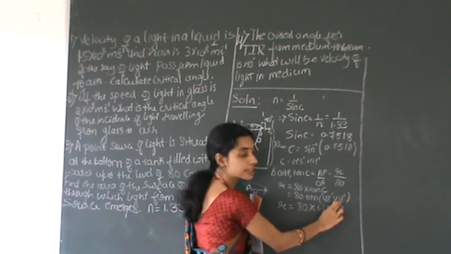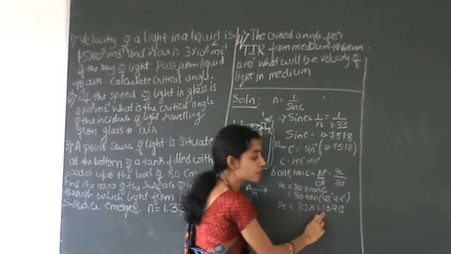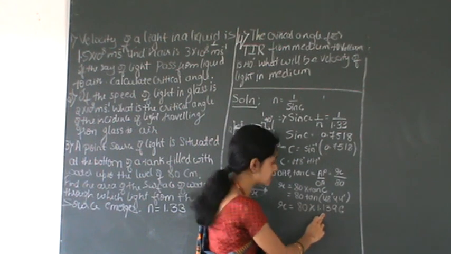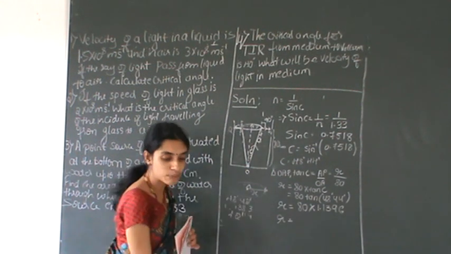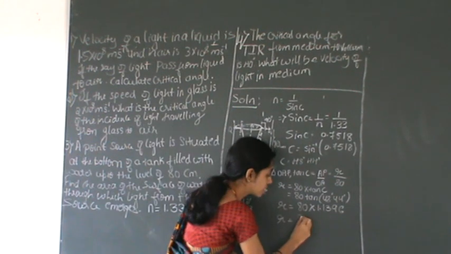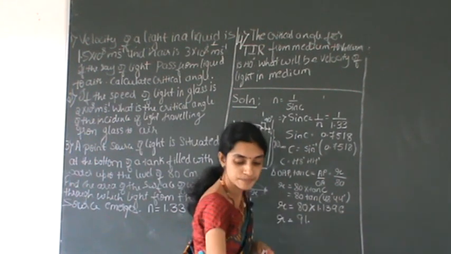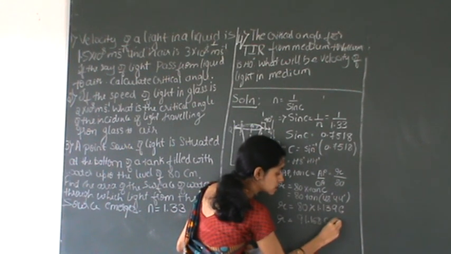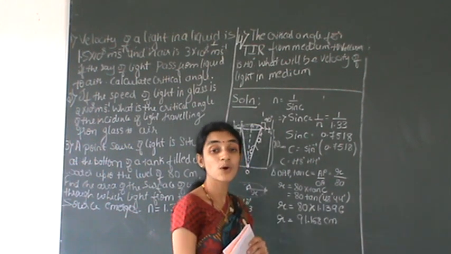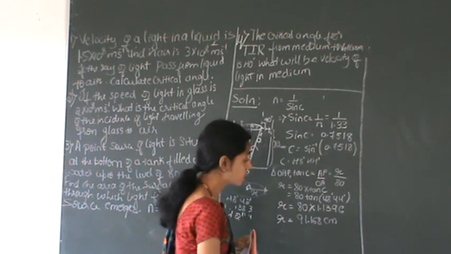Nearly the value for 48 degree 44 minutes is 1.1396. Okay, if I multiply, that value will be 91.168 centimeter.